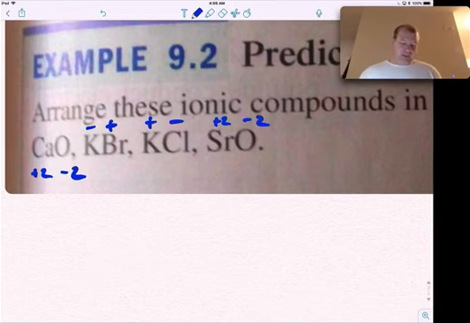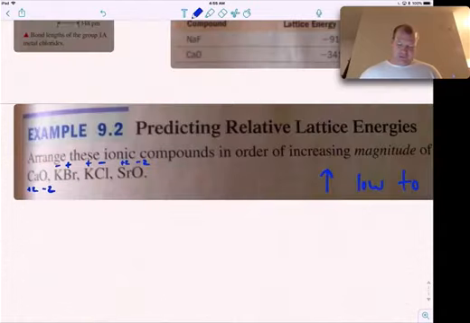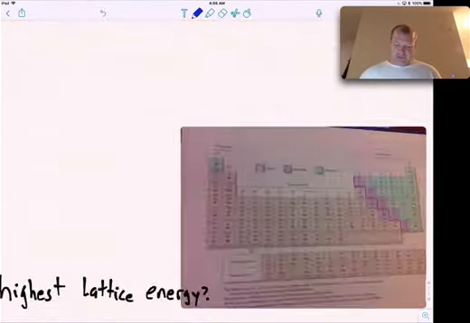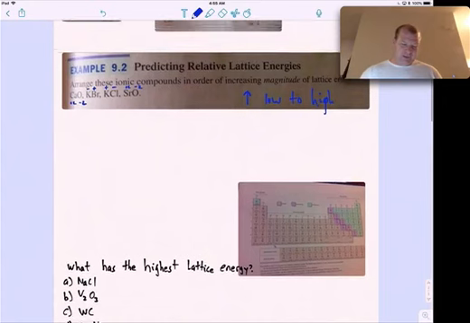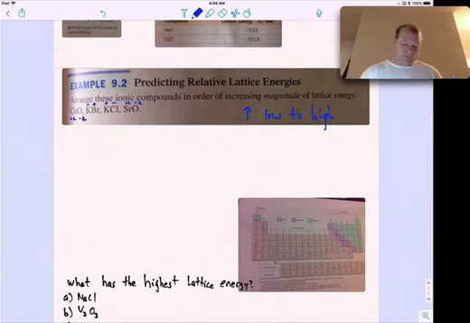So the lower ones are going to be the +1 -1. So which one's lowest energy? Bromine is beneath chlorine. So here's the periodic table, right? Bromine is bigger than chlorine. So bromine is the biggest one. So the weakest one is going to be KBr, and then that's going to be less than KCl.